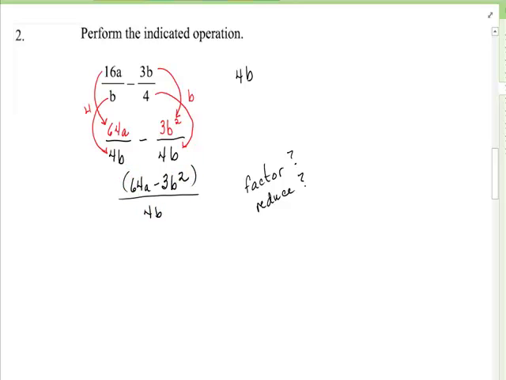I can't do anything down here, so I'm done. It's tempting to deal with the 4 and the 64, but remember, 64 is not a factor of the whole numerator. It is a term within the numerator. That plus or minus keeps you from being able to do that. If you had a greatest common factor out there, then you could reduce. So this is our answer.